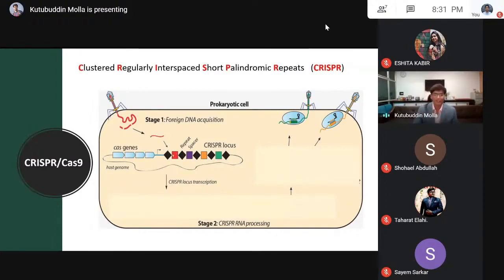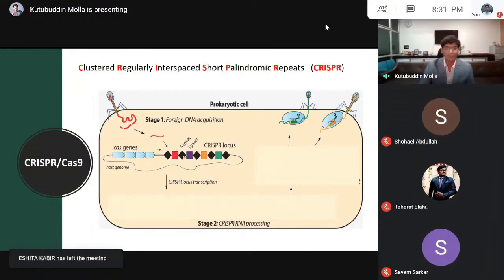So here you can see this red box is a memory, but where do they keep that memory DNA? They keep it in between two repeats. These black diamond shapes are the repeats, and in between the repeats is the memory DNA.